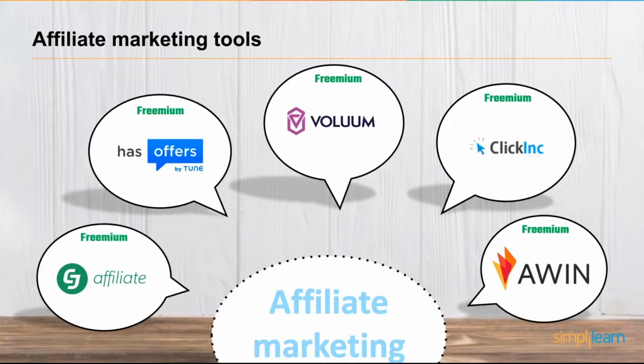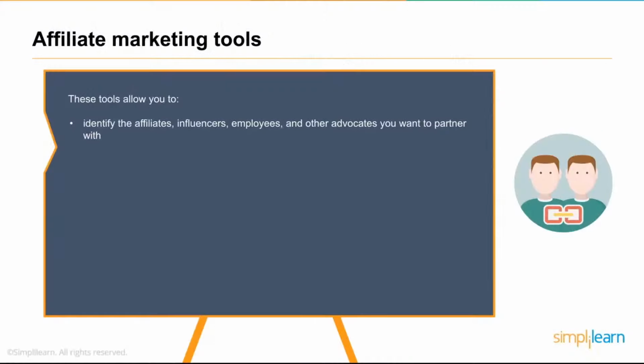We're actually going to take a look at CJ and go through some of the features in the platform shortly. But let's just take a look at why we need these affiliate marketing tools. These affiliate marketing tools identify affiliates, influencers, employees, and other advocates you want to partner with. Again, you could be on the merchant side, actually selling a product, and you're going to want somebody to help you sell that product.